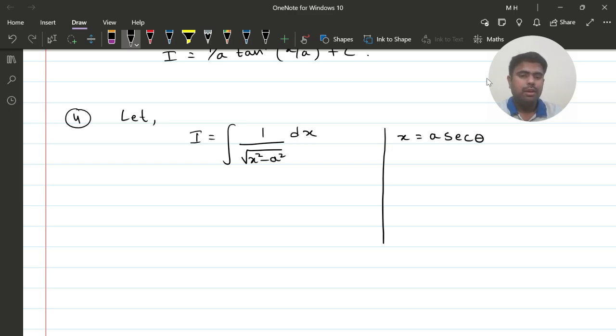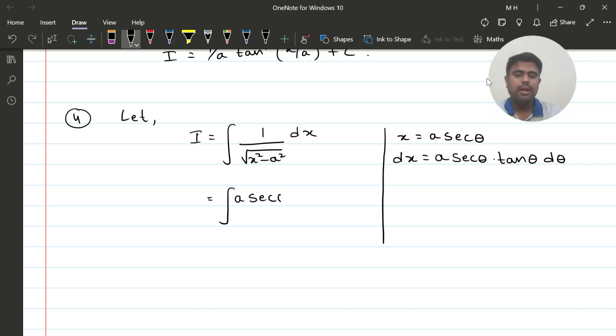Okay, what happens? dx would be a into, what is the derivative of sec x? Sec x into tan x, right? So dx would be a sec theta tan theta d theta. So this is equal to the integral of a sec theta tan theta d theta, whole divided by the under root of x square, which is a square sec square theta minus a square, right?